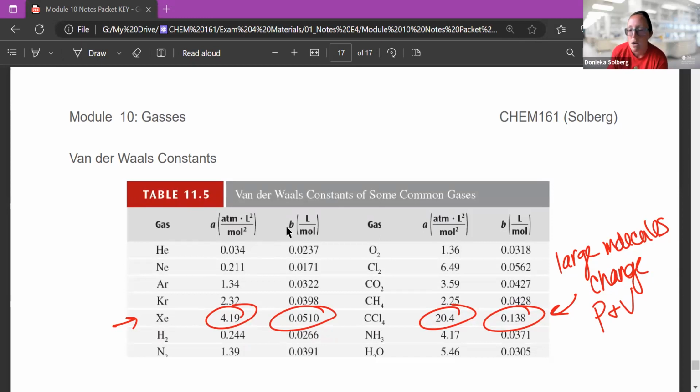Everything's going to work out. These are things you can look up. You'll see xenon here has a very, very large a, and compared to the other ones, a pretty large b value as well. Also CCl4, a very large a and a large b value as well. And that's because these are really big. They're going to definitely have deviations from your ideal gas law.